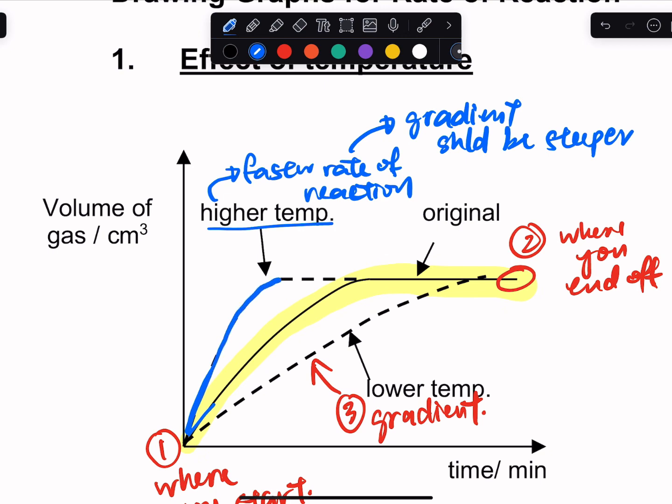Not just that, can you see that it ends earlier? It plateaus earlier. Reaction stops earlier. But the total volume of gas evolved should be the same. Why?